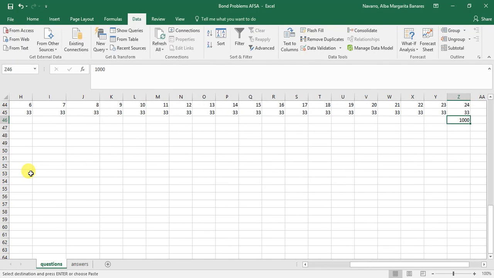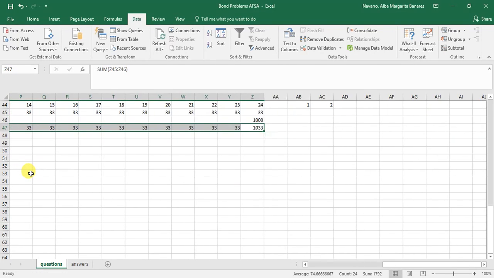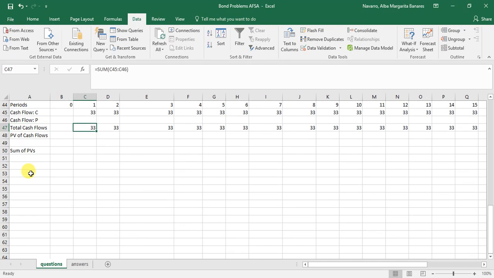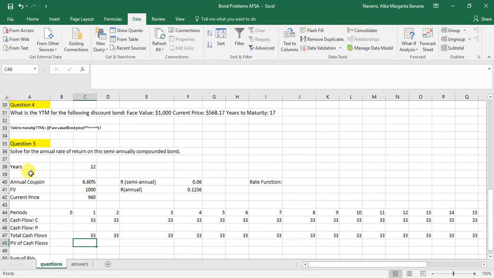We'll copy this formula. And take the present value of this formula. So equals, divided by 1 plus, we're using our semi-annual rate of return.